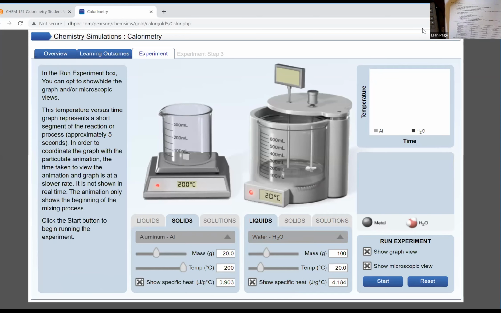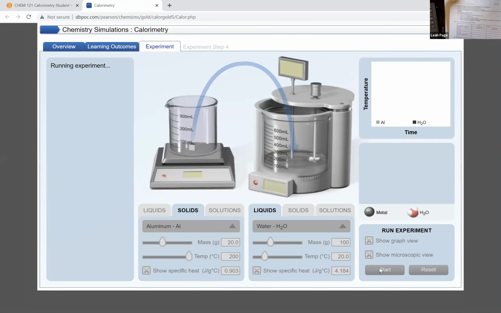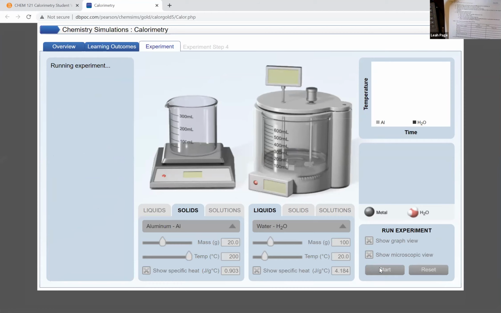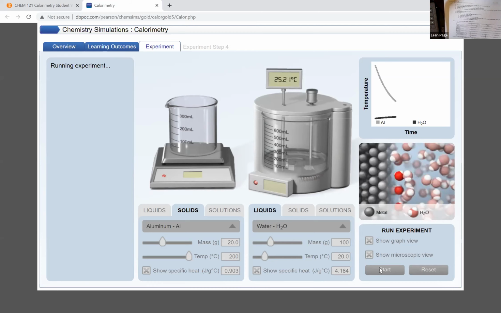Let me make this big. And then I'm gonna hit start, guys. So it's saying I took my hot metal, I put it in there, I closed it. I let the heat of the hot metal transfer to the water, and I'm seeing the temperature of the water increase.